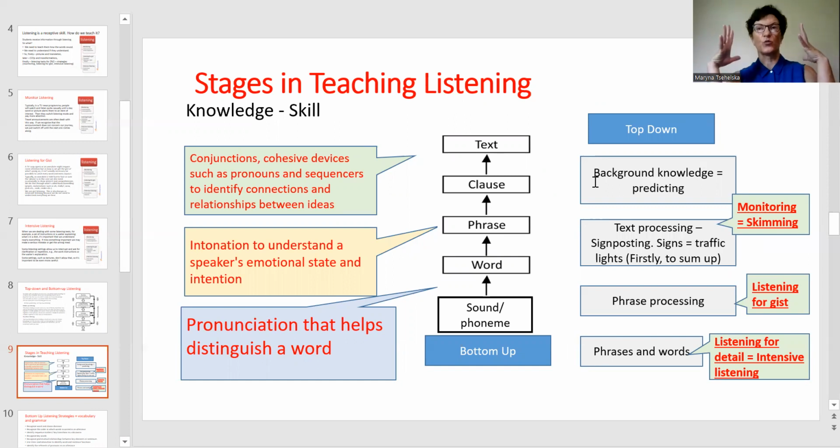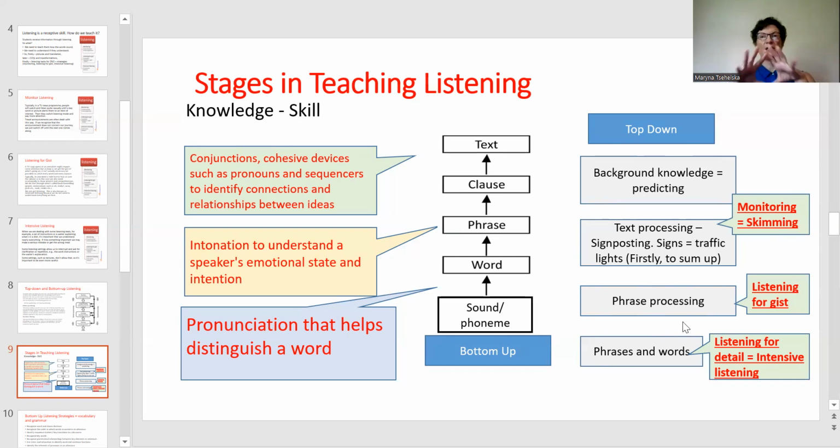So we start with our general understanding about the world, how the text or the tasks for the text are structured. If we know that this text will be about endangered species, probably we'll remember something about the species, and it will be very important to look for signposts, and only then we'll be able to listen for gist.